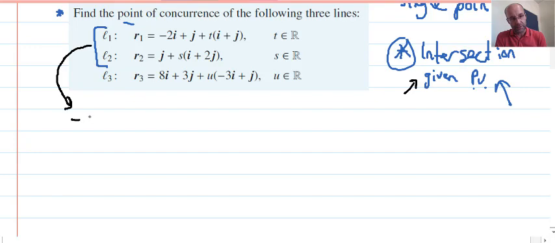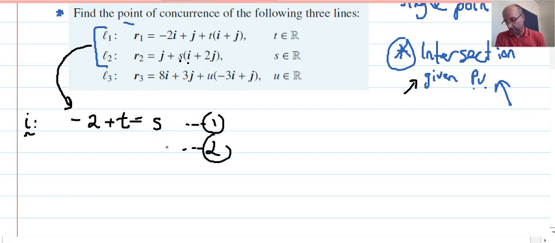Looking at the i components, -2 plus t for L1 will equal s i, in other words just s. So s equals -2 plus t, which we might call equation 1.